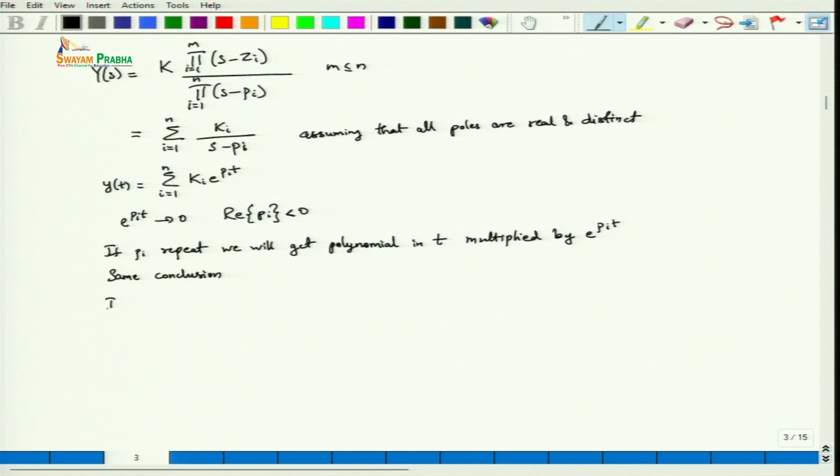Now, if the p_i are on the imaginary axis, then this system is neutrally stable.